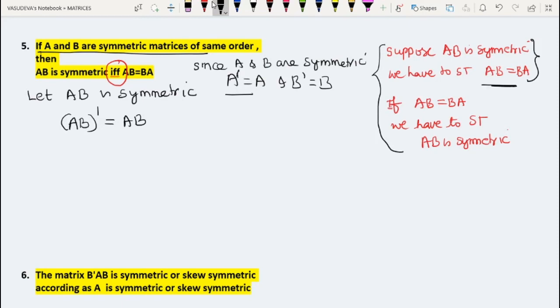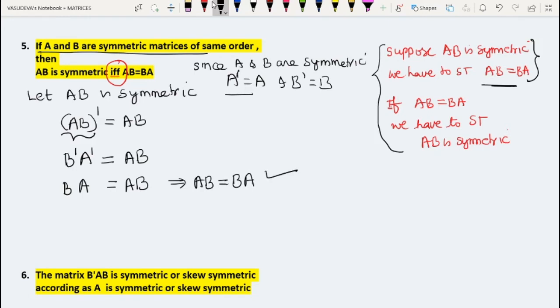So again by the property of transpose, AB whole dash can be written as B dash into A dash, equal to AB. Now both A and B are symmetric matrices. Therefore B dash can be written as B, A dash can be written as A, equal to AB. So we can rewrite this as AB is equal to BA.